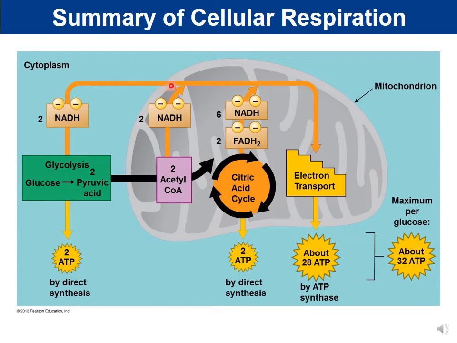Instead, it's going to have a shuttle here, and those shuttles are going to transfer electrons to empty electron carriers in the mitochondria. Now, different cells in the body have different types of electron transporters. In some cells, the electrons get transferred onto NAD+, and we get NADH.